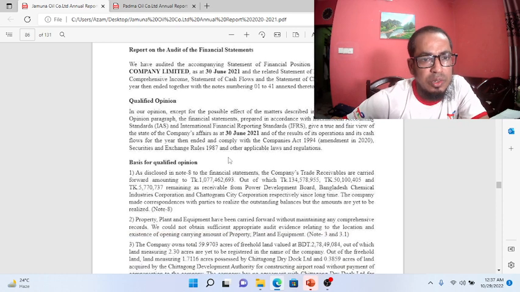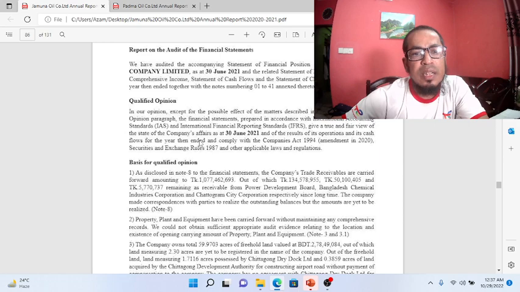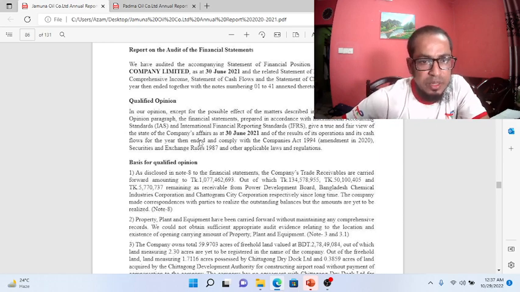Here, the auditor is giving qualification on certain matters. Except for this, all other matters have been complied with by the company's management.